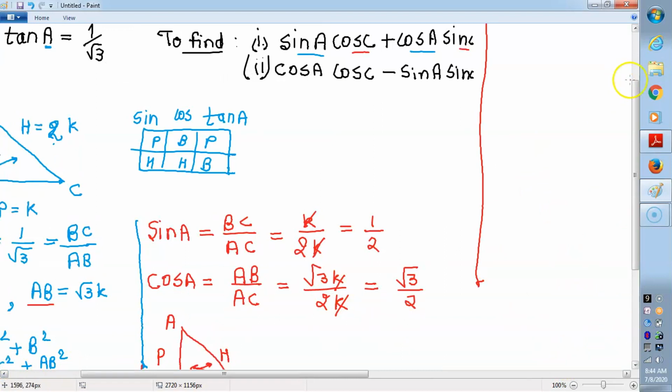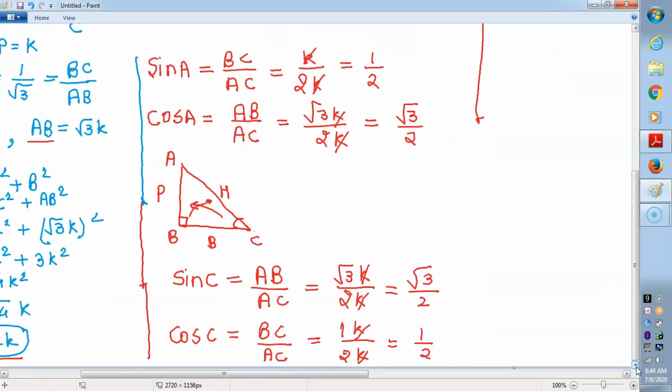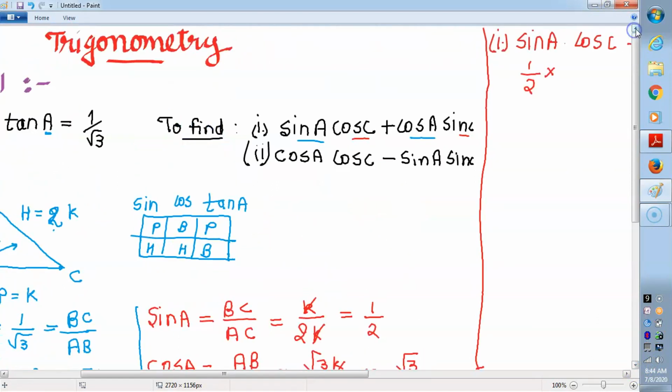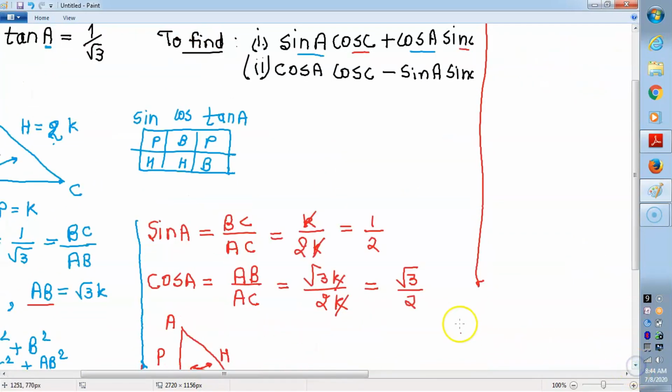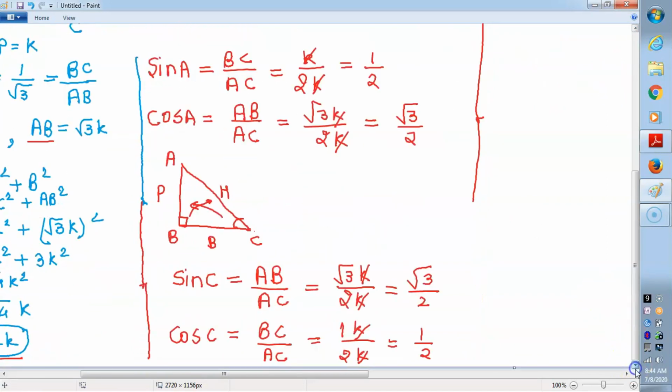Sin A is 1 by 2 into cos C is 1 by 2. Correct? Plus cos A, root 3 by 2, and sin C, root 3 by 2. Correct?